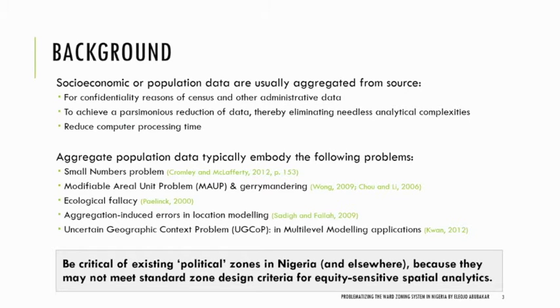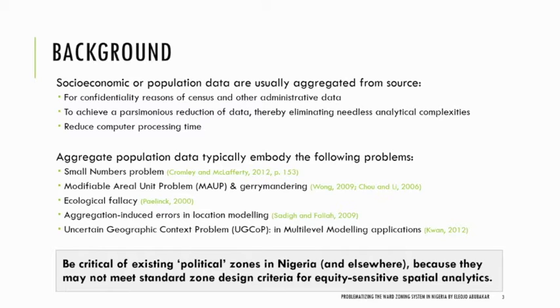Then ecological fallacy: from the analysis of spatial data, you get results and you try to suggest that that's indicative of individuals in those zones, which may not always be the case. And that's particularly a problem if zones are not very homogeneous. Then aggregation-induced errors are what you find, especially when you do accessibility analysis using something like gravity models and the rest, because you're going to work with centroids of zones as the points of origin.